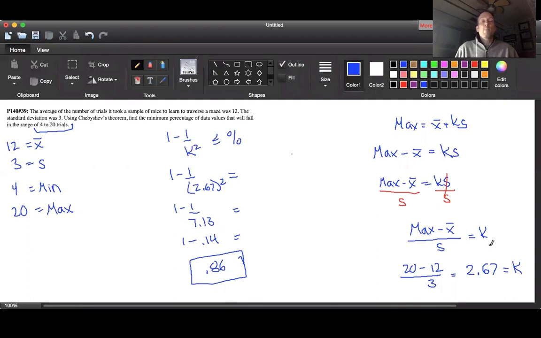Okay, so now that we've had plenty of Chebyshev, we're going to go ahead into something called the empirical rule. And we're going to switch back over to our PowerPoint view here.